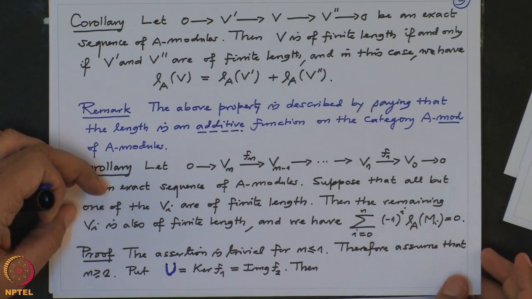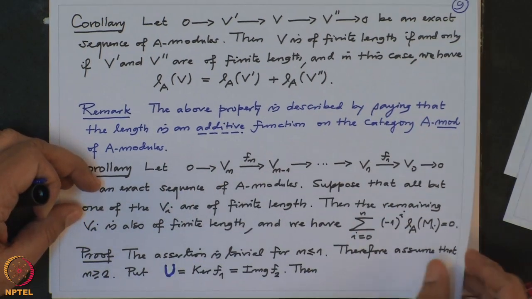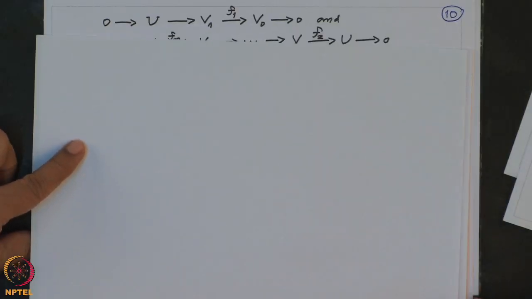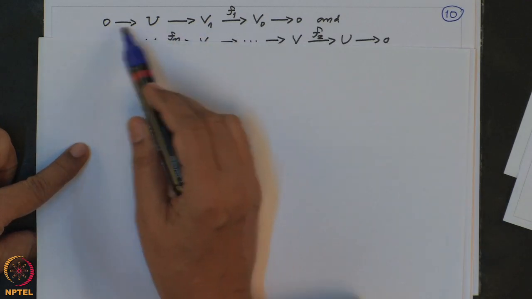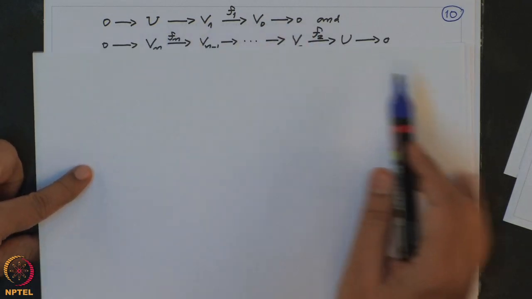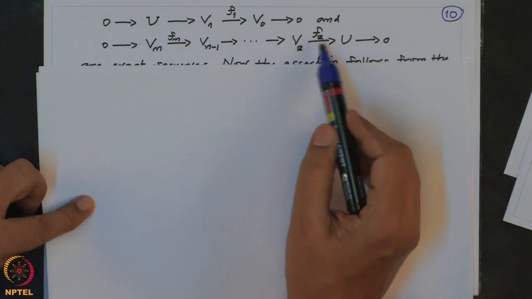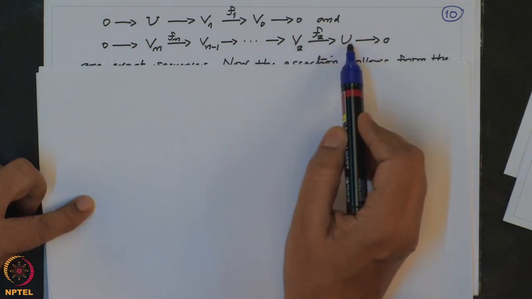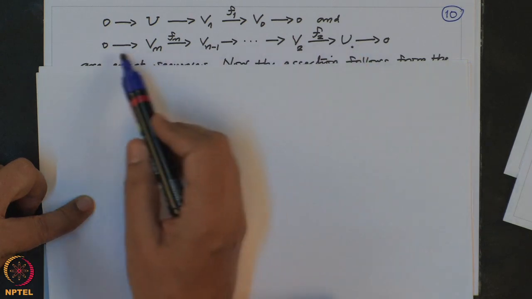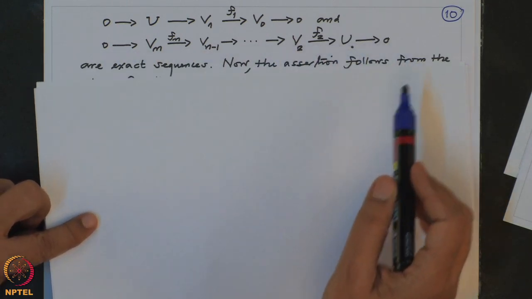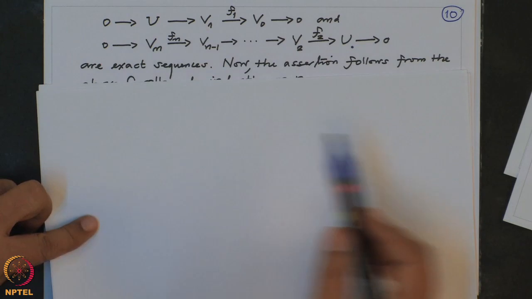Then we can break this long exact sequence into two exact sequences. This U is the kernel of f1, so we have the short exact sequence. Now this U is also the image of f2, so I will forget V1 and put it as U, and therefore this sequence is clearly exact. So, these are two exact sequences.